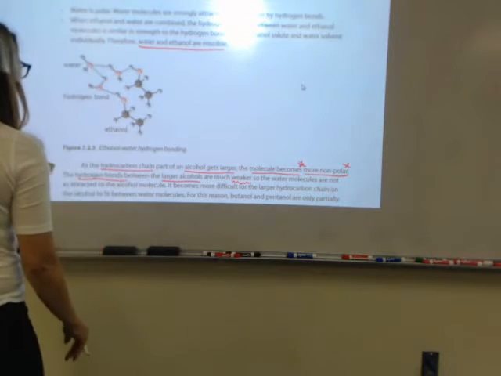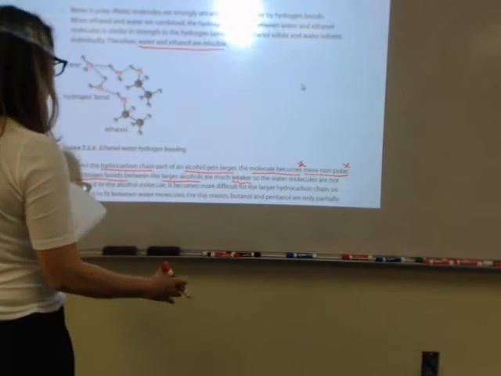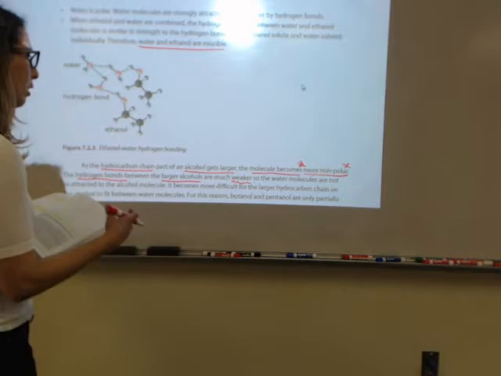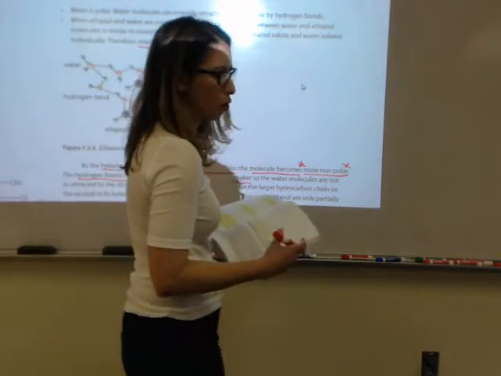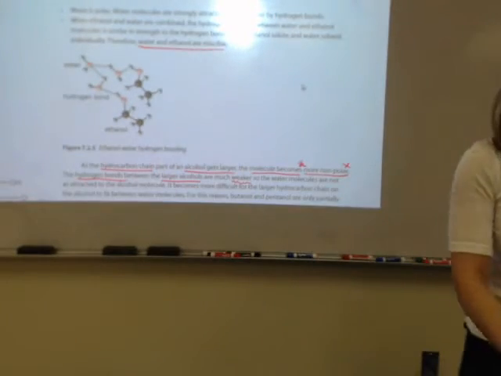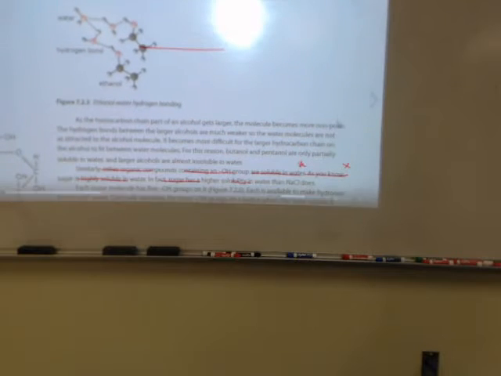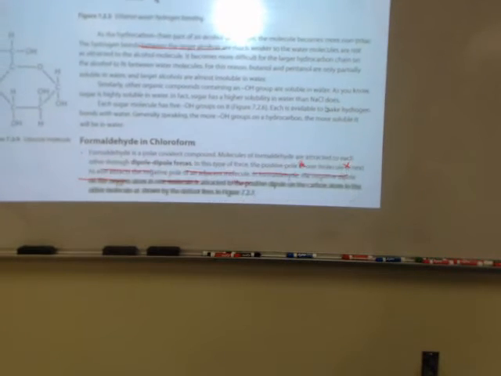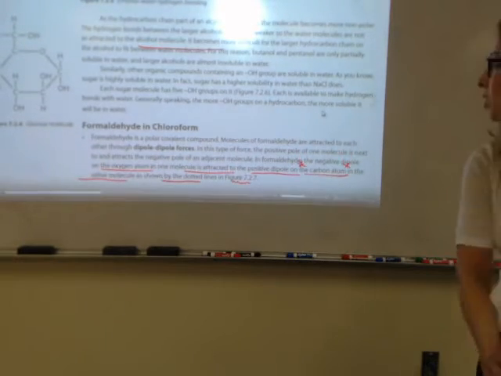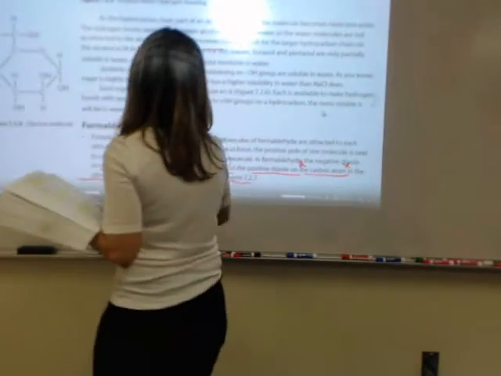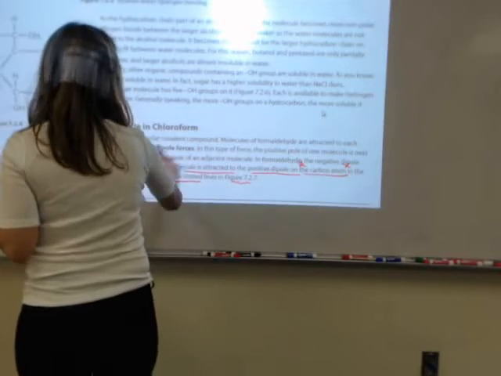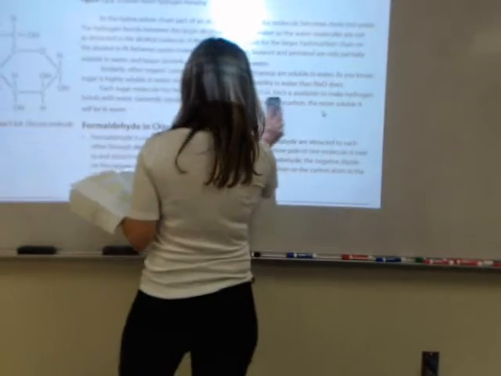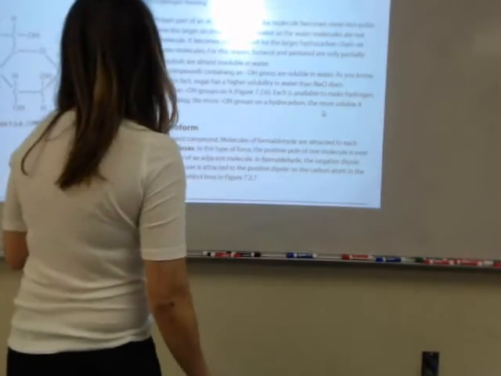And so that means that they're going to have a harder time mixing in between the water molecules. So that's why larger alcohols with a larger hydrocarbon chain are only partially soluble in water, like butanol or pentanol. And even larger alcohols are completely insoluble in water, okay?